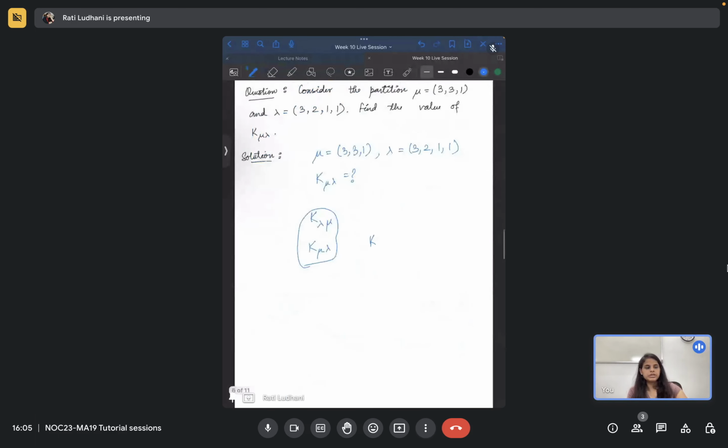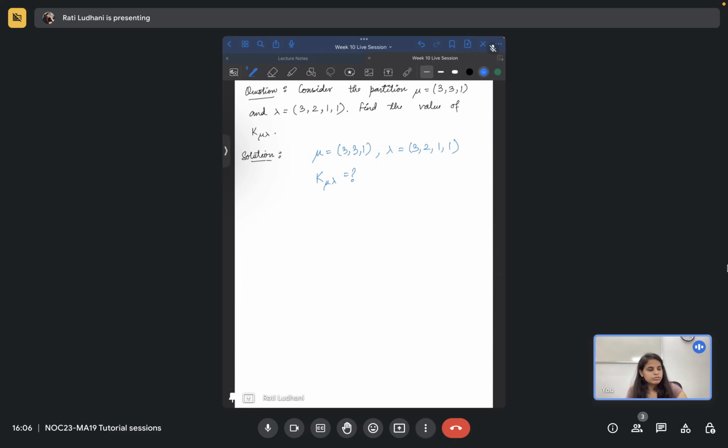So find the value of k mu lambda. These two represent different things. This one represents that lambda is your shape and mu is your type, and here mu is your shape and lambda is your type. So right now, whatever we have, the first letter you just think of as the shape.